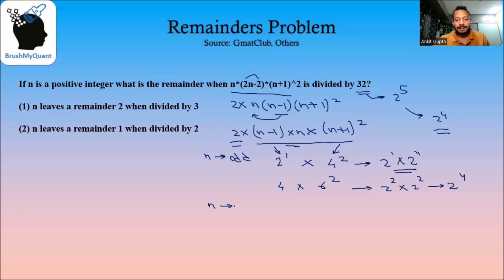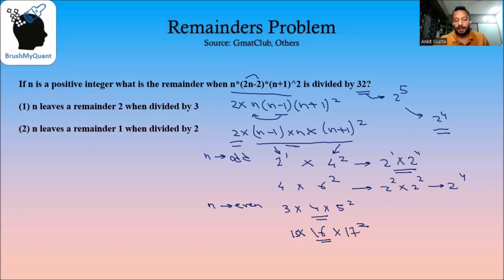Now what happens when n is even? So let's say n is 4, then n minus 1 becomes an odd number, and n plus 1 also becomes an odd number. Definitely this is not divisible by 2 raised to 4. Similarly, if let's say n is a number like 16, then in that case, this expression will actually be divisible by 2 raised to 4, right?